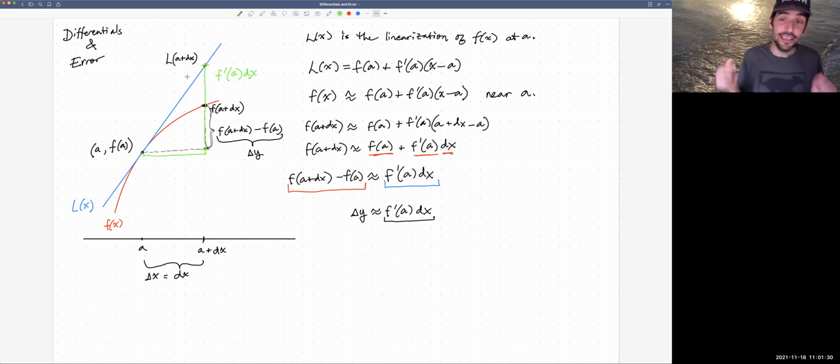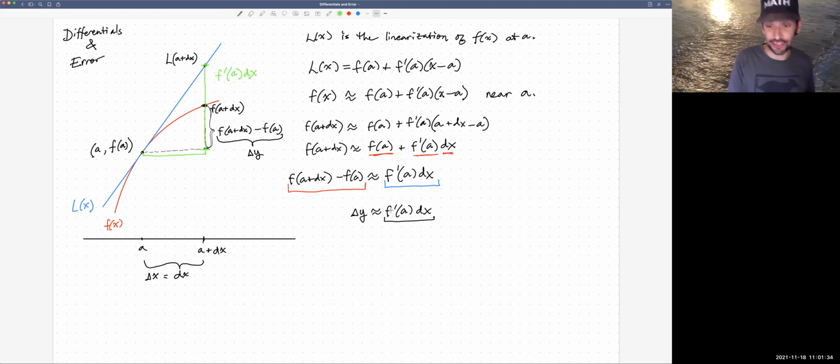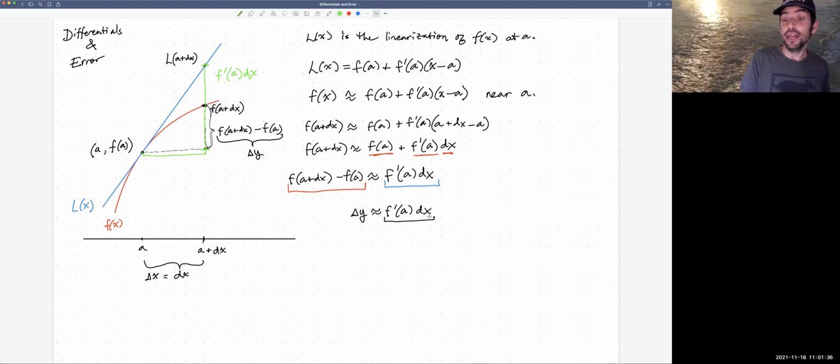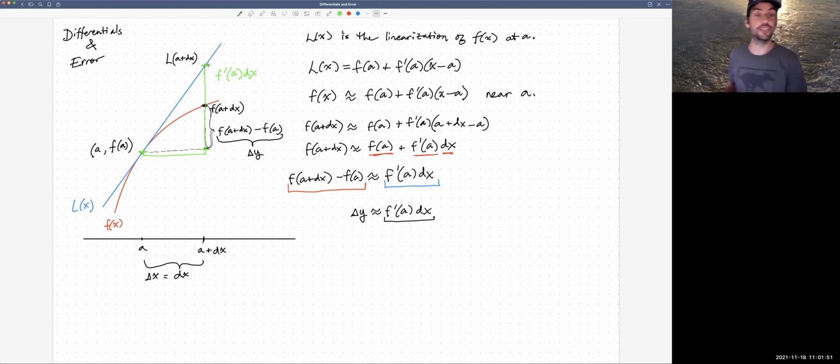Because that linear approximation is a line, and it's changing at a rate of its slope, and this f prime of a is its slope. If you move the input by dx, you'll move the output by dx times the slope, which is what we have here. So this change in height, from the value of the linear approximation at a to the value of the linear approximation at a plus dx, is what's on the right.